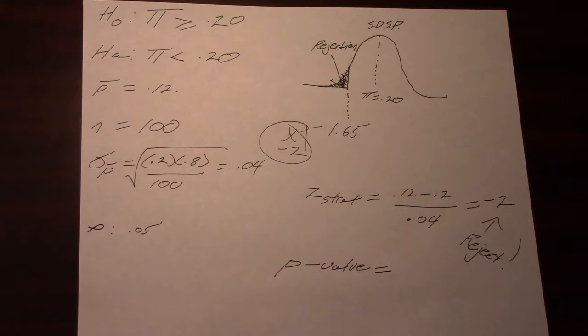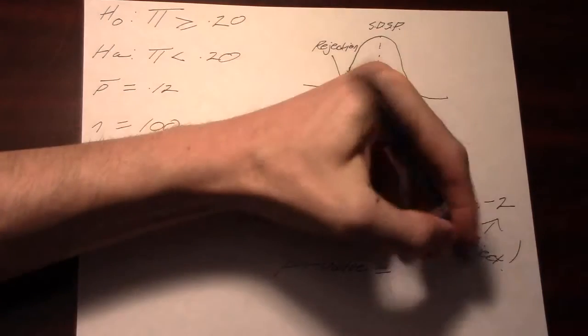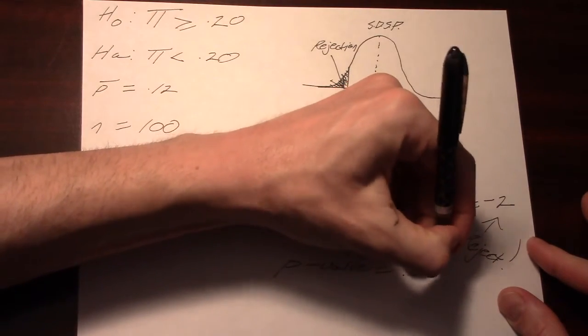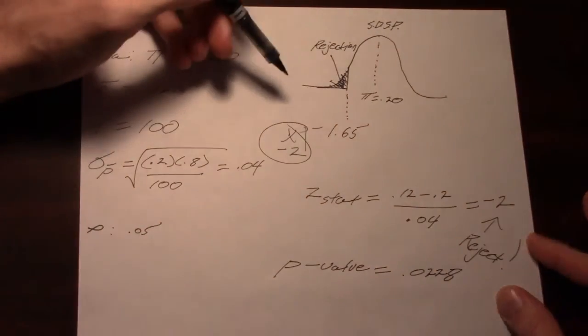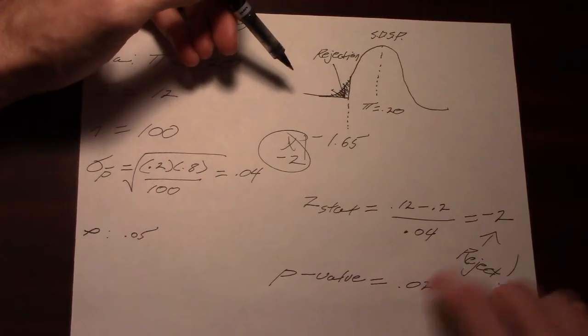Let's look in the z table. Negative 2.00 is 0.0228. Since this is a one-tailed test, we do not need to double this.